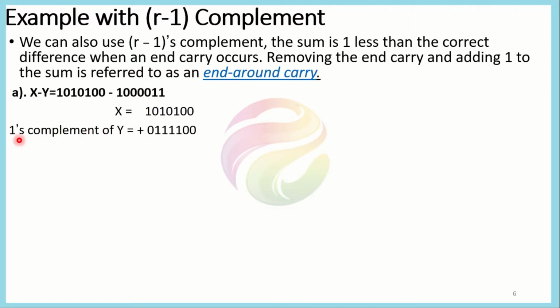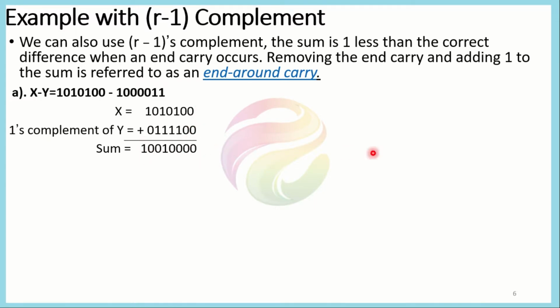So instead of the 2's complement here, we have calculated the 1's complement. So 1's complement is just reversing all the bits, which will give us this, and then we will just have to add them column by column, which will give us this result.